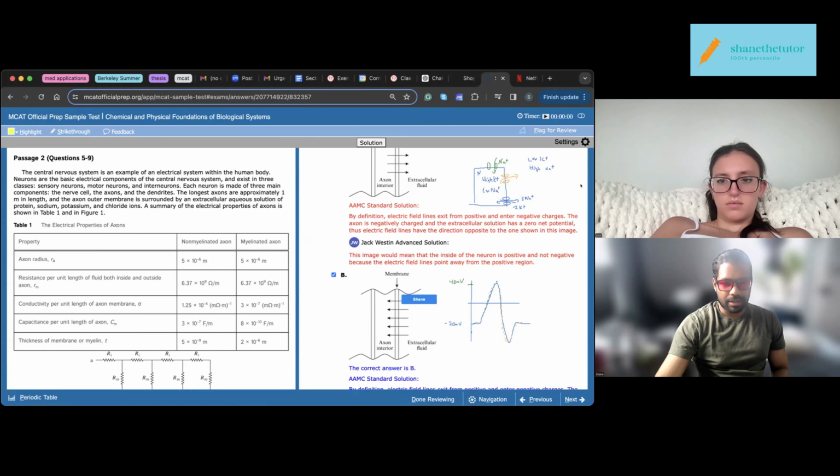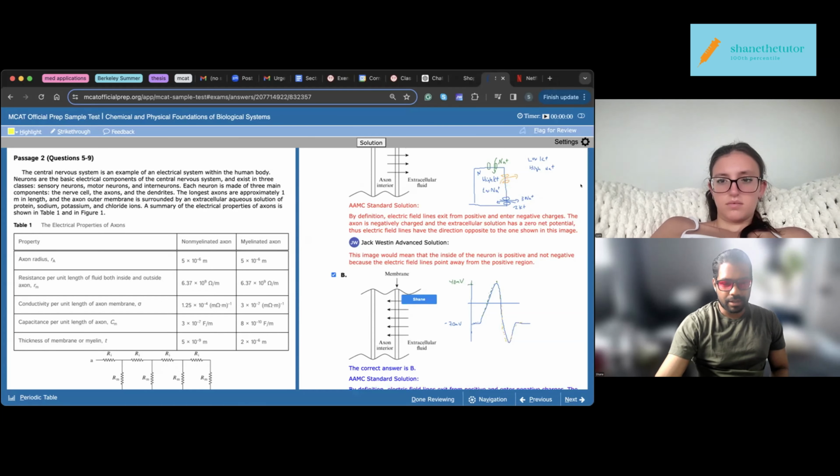Because if we're saying that this way is for some periodic trend, and this way is another periodic trend, then that just means, I mean, it's not the opposite. We can't say that atomic radius is going to be the opposite of this trend, because if it was this way, that would mean that sodium is larger than iodine or something.